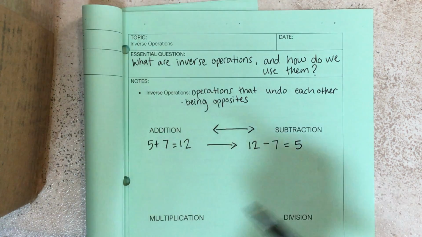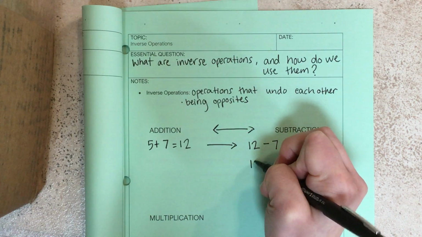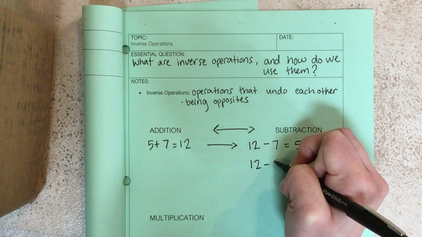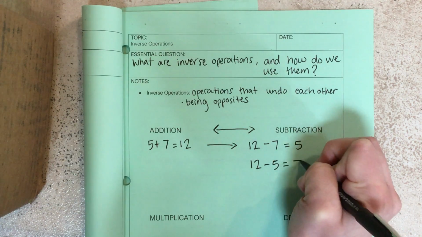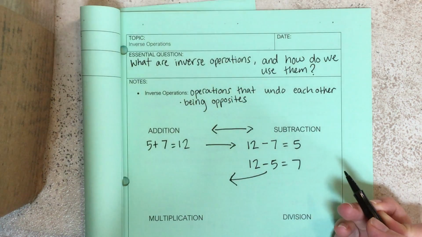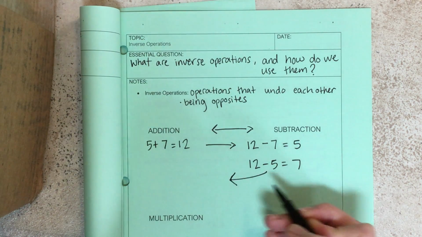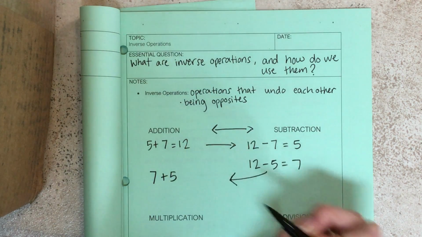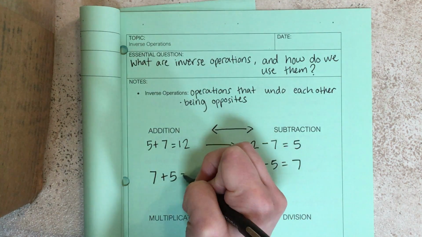Or if we had wanted to undo the opposite, if we had 12 minus 5, that could equal 7. And we could work the other way from subtraction over to addition and say, well, then let's take that 7 and do the opposite and add 5 to get 12, right?